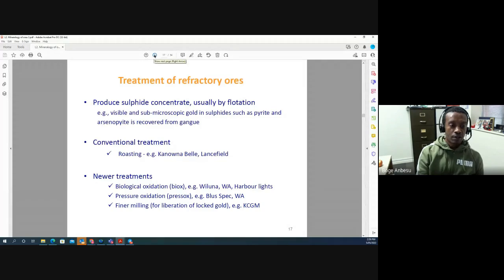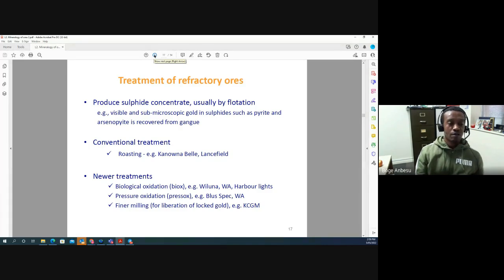So instead of roasting, maybe you can consider more environmentally friendly treatment methods like pressure oxidation or fine milling or biological oxidation. Once you oxidize this concentrate, then you can put it through a leach tank and it should work well. So doing this will give you a high recovery.